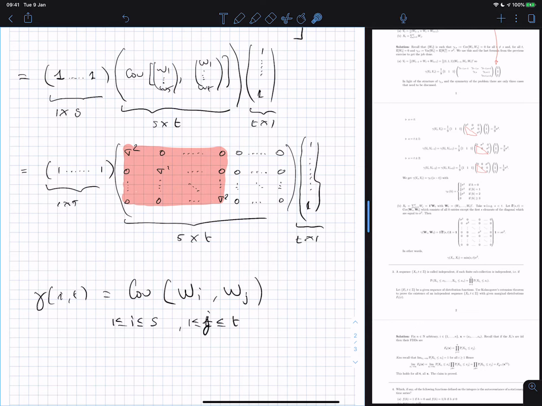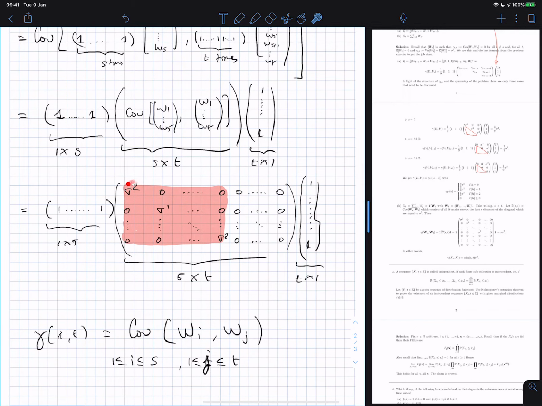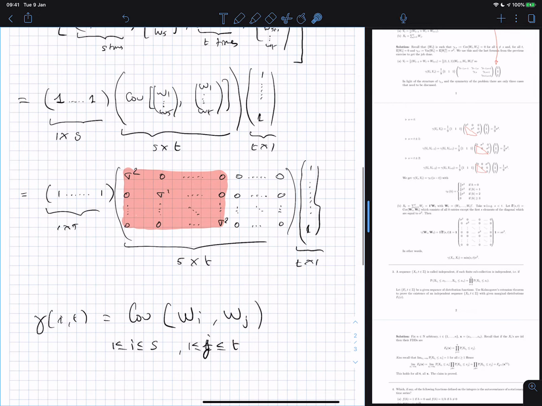So if I look at the first line, I have the covariance of w1 with w1, then w2, then ws, then ws plus 1, then wt. Here I have w2 with w1, w2 with w2, up to w2 with ws, then w2 with ws plus 1, and so on. That's okay? Yeah, it's okay, thank you.